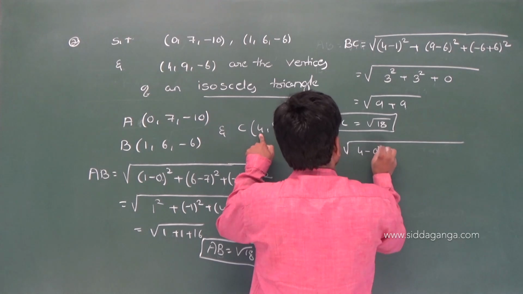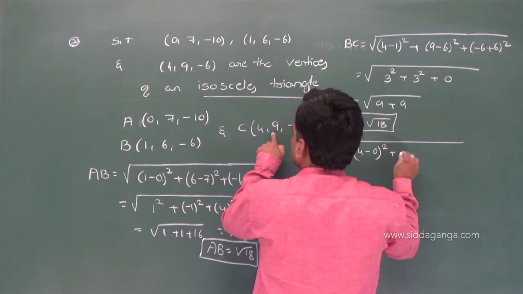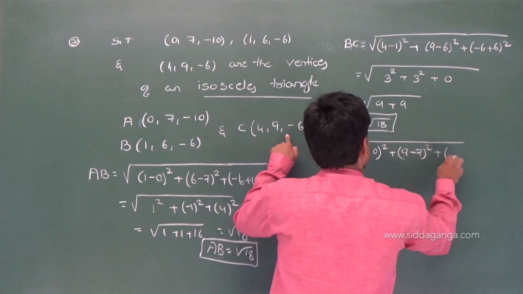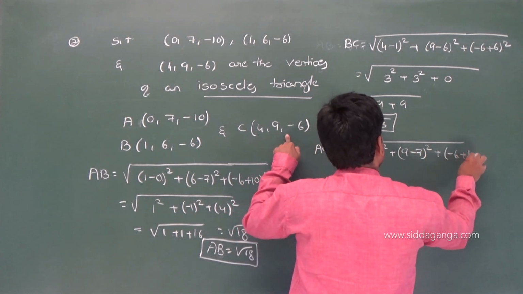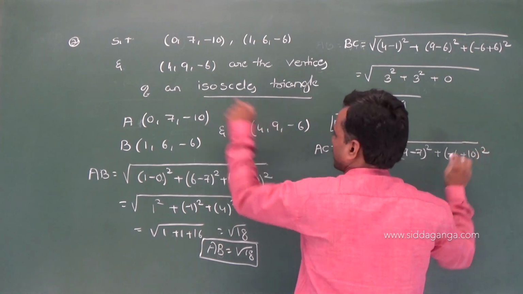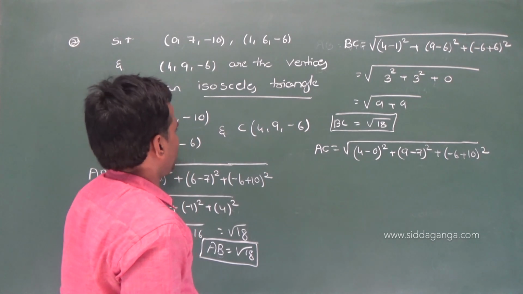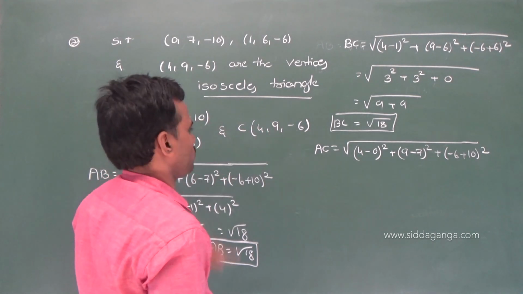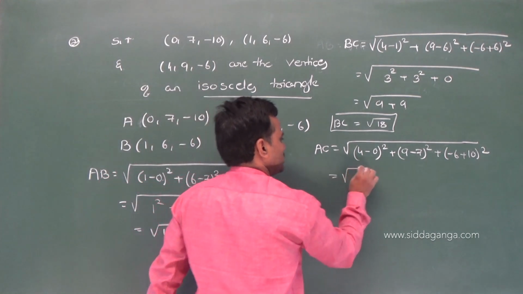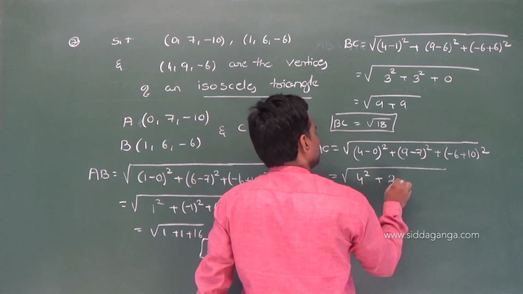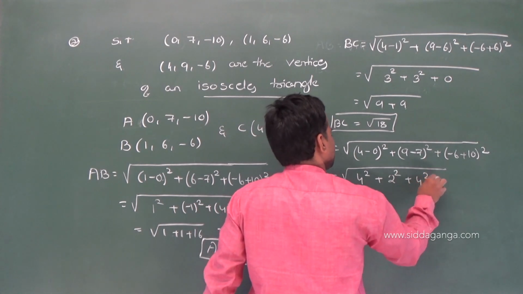(4 minus 0) whole square plus (9 minus 7) whole square plus (minus 6 minus of minus plus 10) whole square. Calculate this one also. 4 square plus 9 minus 7 is how much? 2 square, plus 4 square.